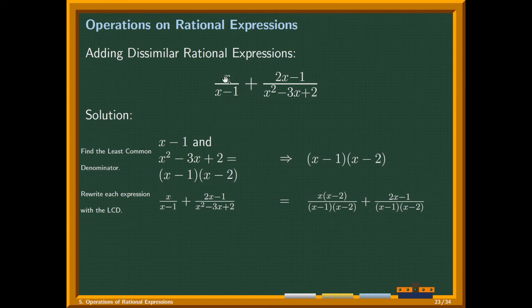In the first expression, the original is x all over x minus 1. If this is the LCD, the quantity of x minus 1 times the quantity of x minus 2, when we cancel x minus 2, it goes back to x all over x minus 1.